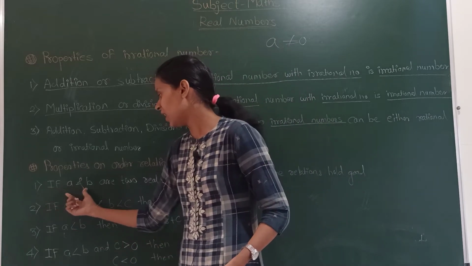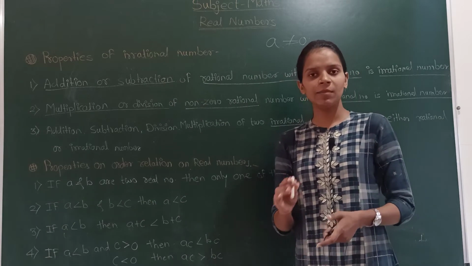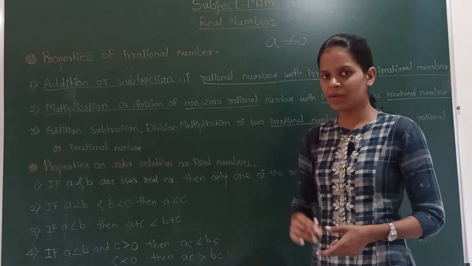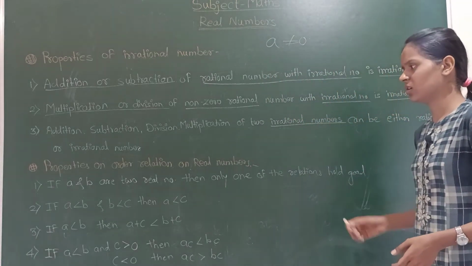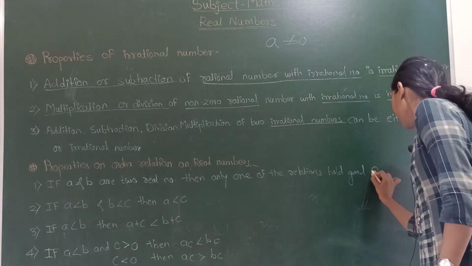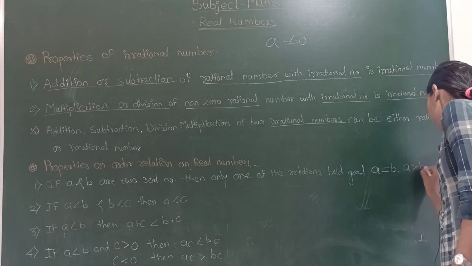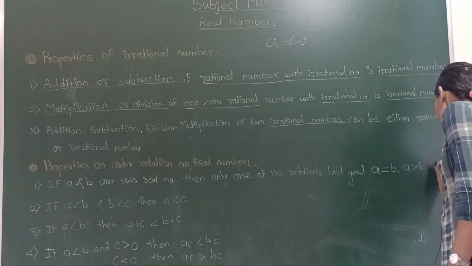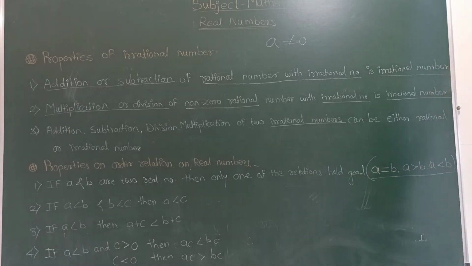See, first, if A and B are two real numbers, they can be anything, then only one relation holds good. Which one? Either A is equal to B, A is greater than B, or A is less than B. These are the relations. Okay?